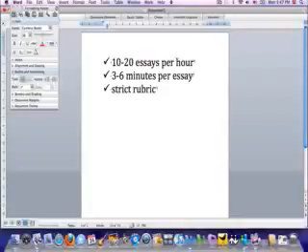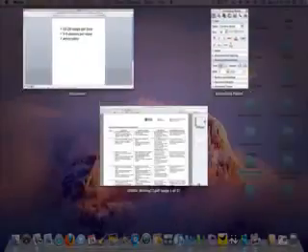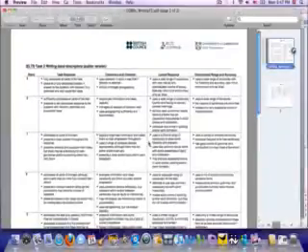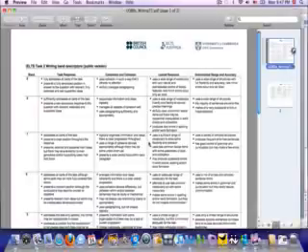A rubric is a marking scheme, which is basically a list of a number of skills that the IELTS exam taker must show in their response to their essay question. Now that rubric is exactly similar to the information presented in this chart.